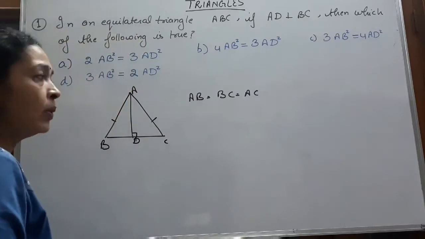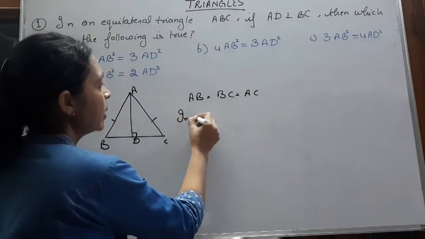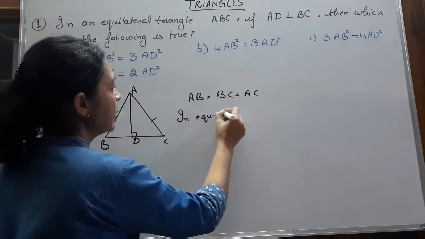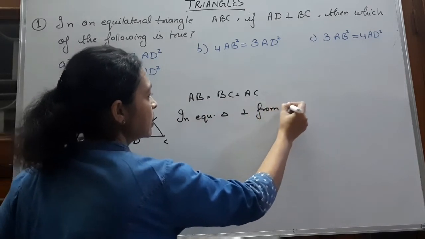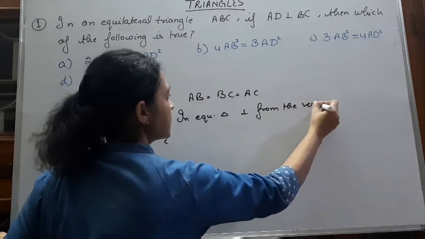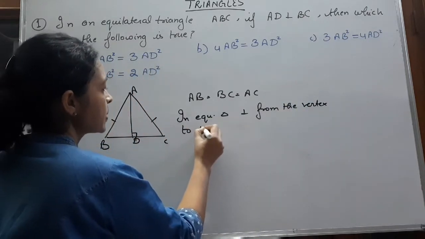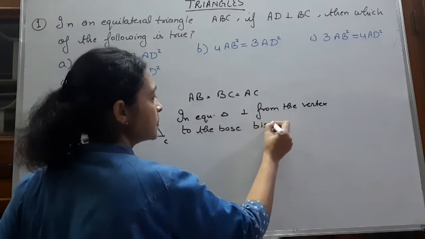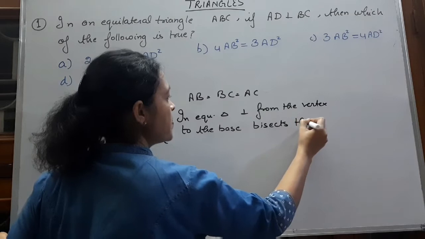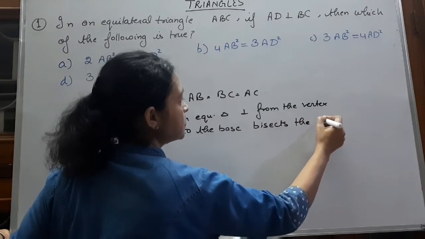Now in an equilateral triangle, the perpendicular from the vertex to the base bisects the base.